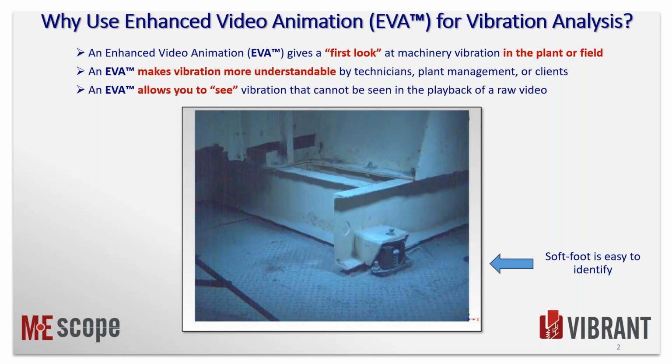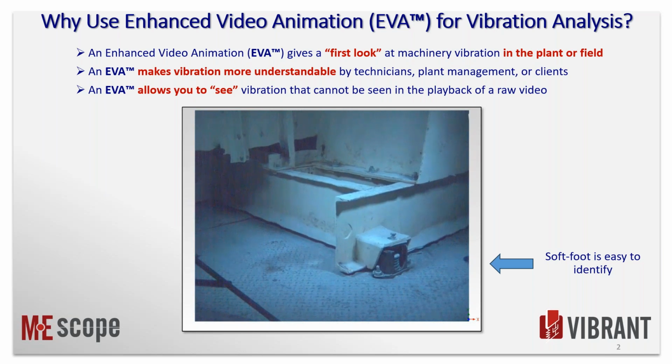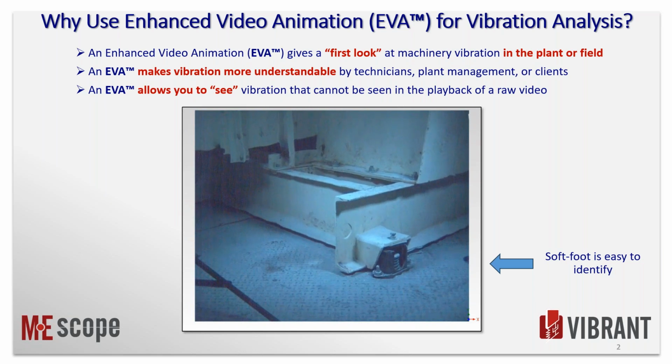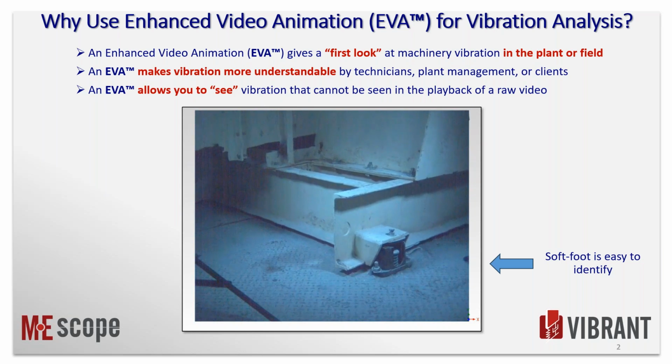Now, the video we're looking at here was done with a cell phone camera. Again, no floodlights or anything other than your cell phone. So you get a first look at the machinery in the plant or the field.